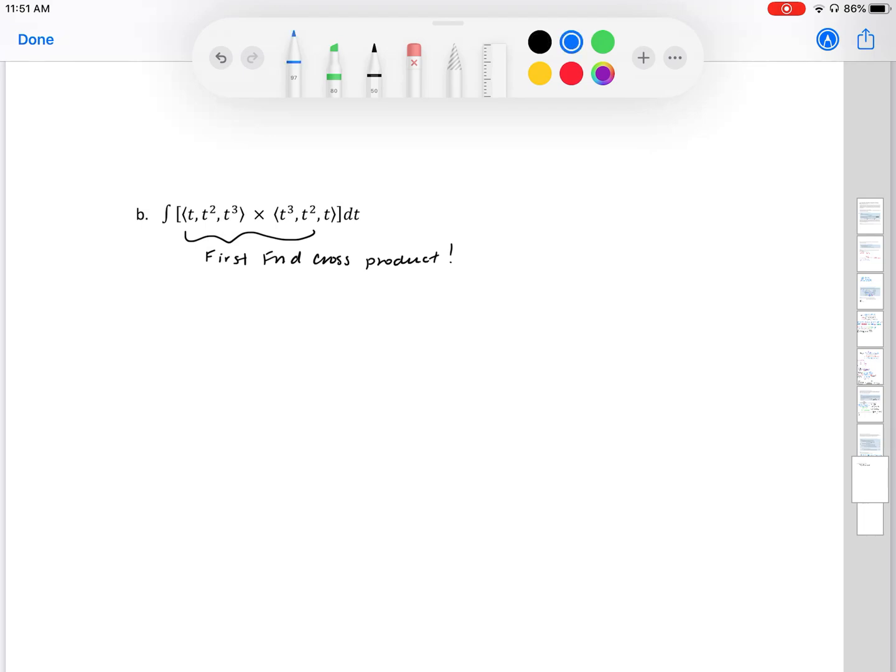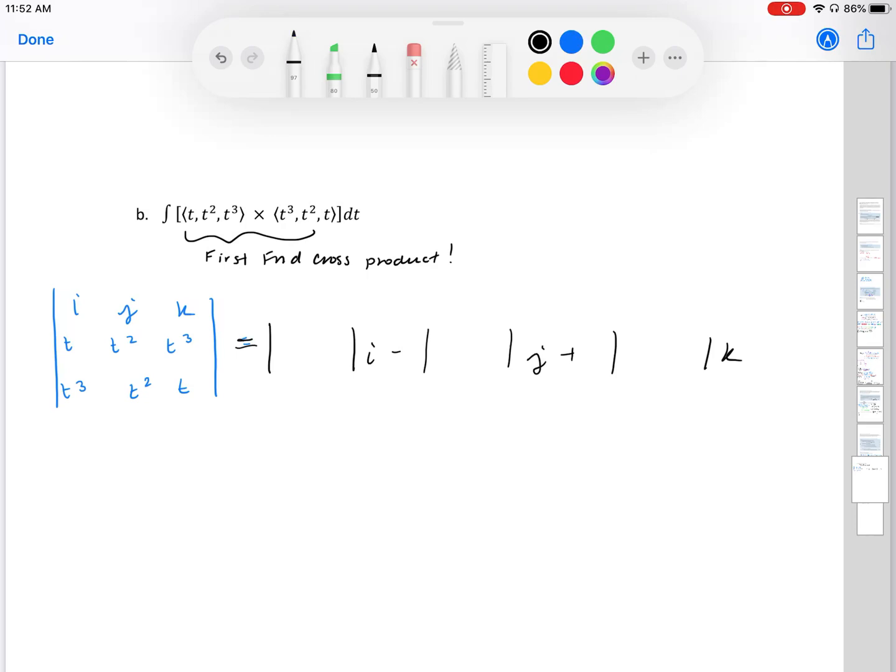So we have our i, j, k, of t, t squared, and t cubed. And second, I have t cubed, t squared, and t. Let's go ahead and find the determinant. Well, the cross product, not determinant. We don't call it determinant. So then we have i minus j plus k.